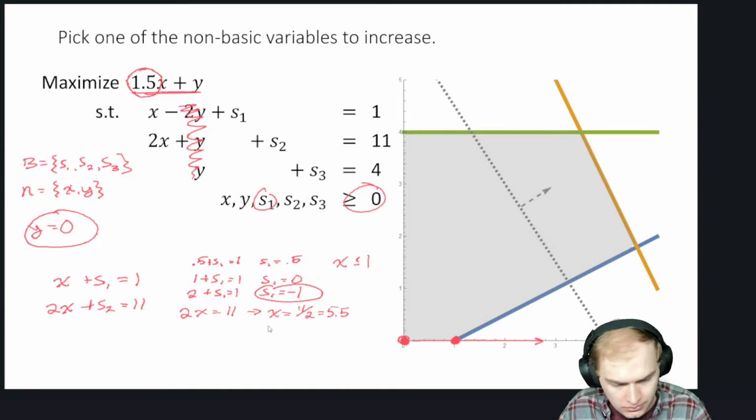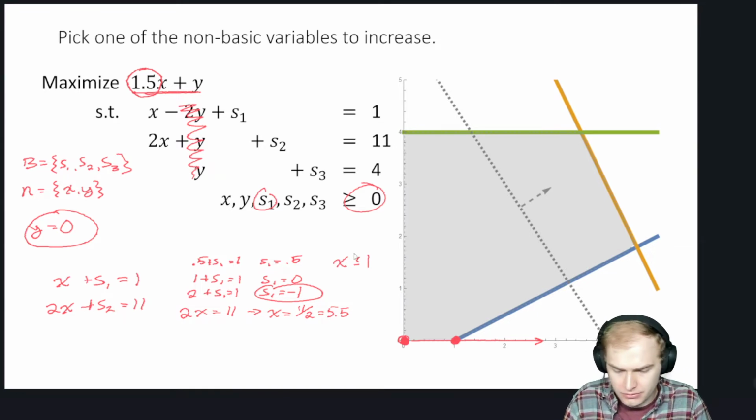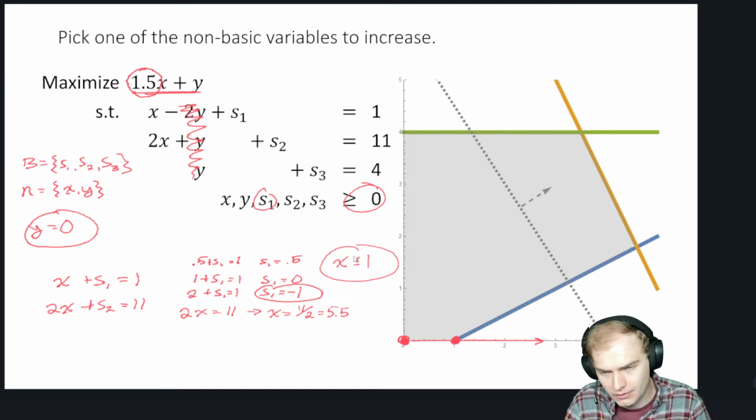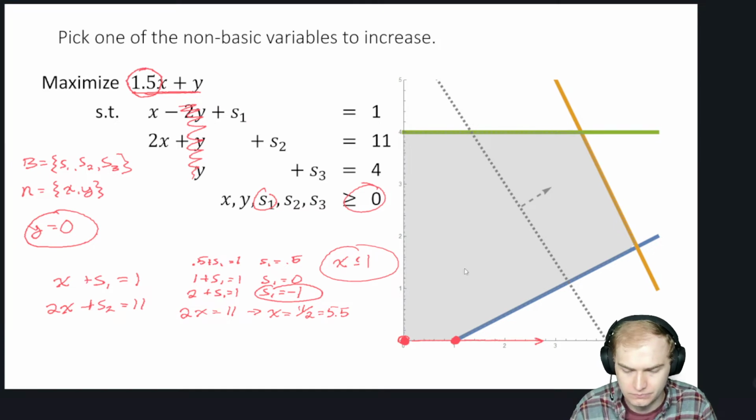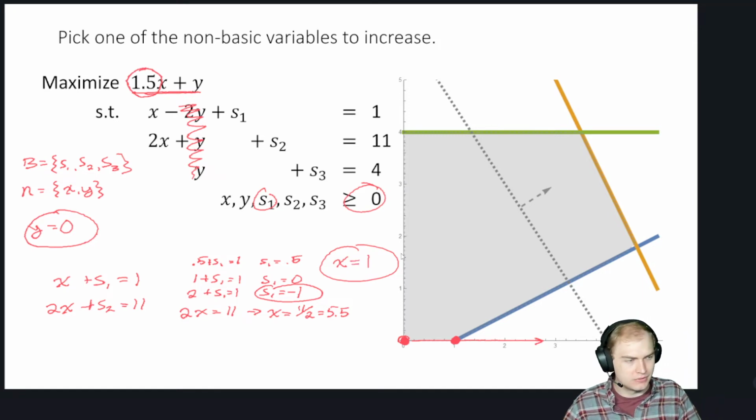So we're just going to use the first one we have, x equals 1, the smaller of the two possible values.